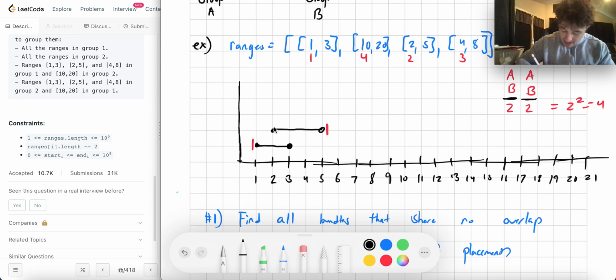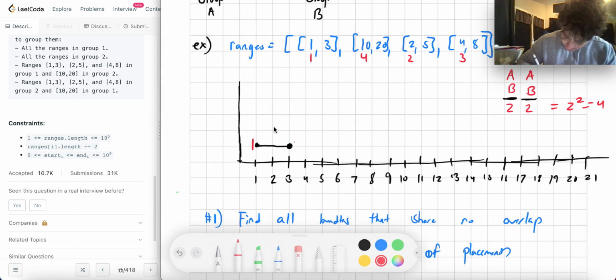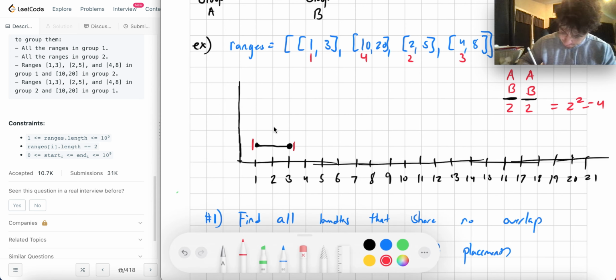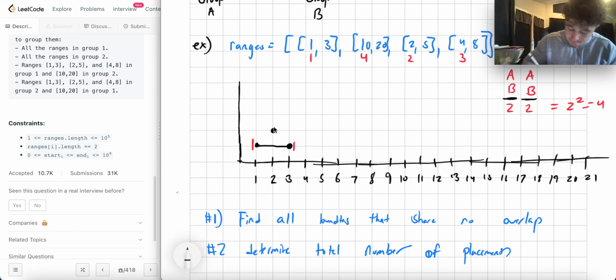So when I'm adding 2 to 5, just to make this point as clear as I can, I know that anything that starts before 2 I've already processed. Or anything that starts before or during 2, I guess, because 2 things can start at the same time, has already been processed. So when I add 2, the previous boundary ends after I start.